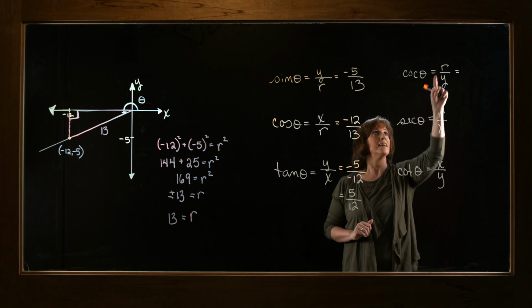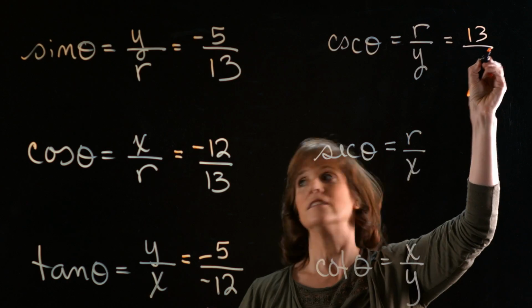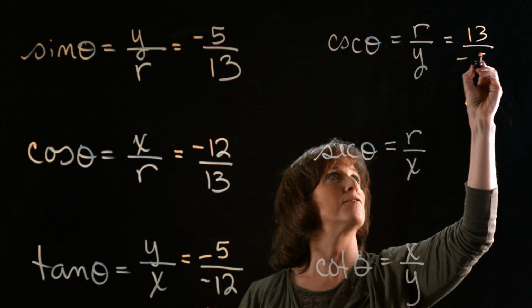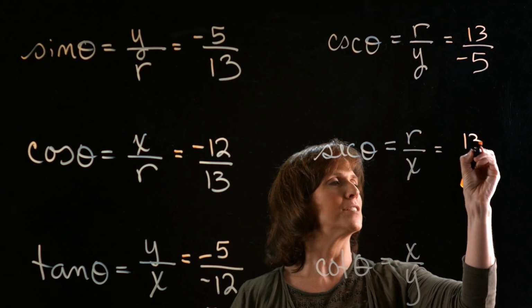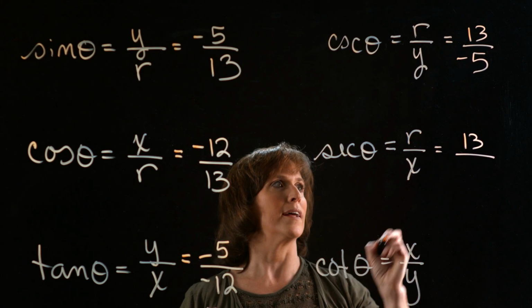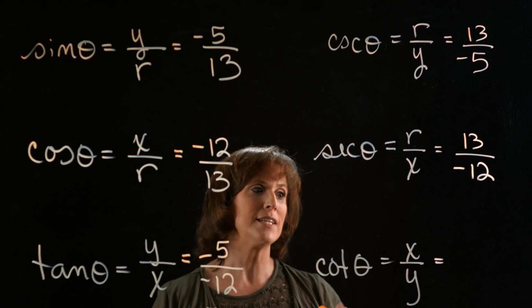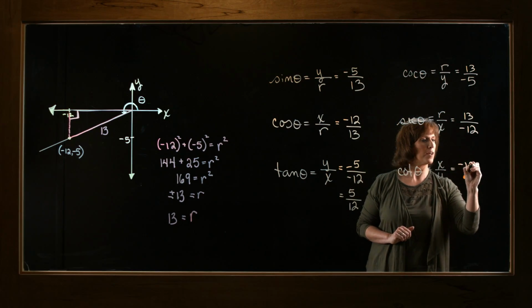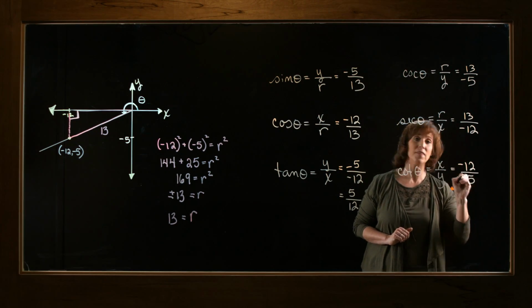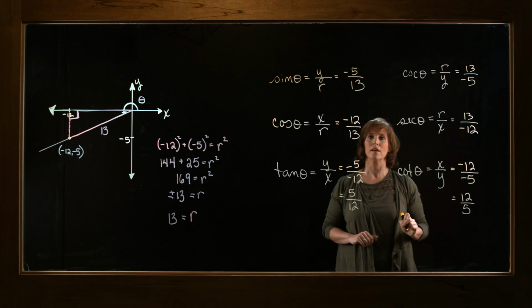The cosecant is r over y, so that gives me 13 divided by -5. Secant is r, which is 13, divided by the x-coordinate, which is -12. And finally, cotangent is x divided by y. The x-coordinate is -12, the y-coordinate -5, and this one can be reduced to 12/5.